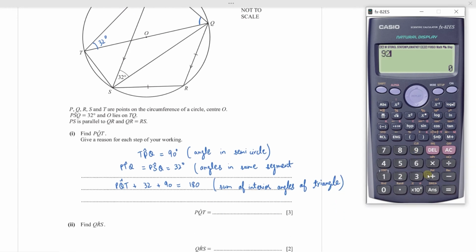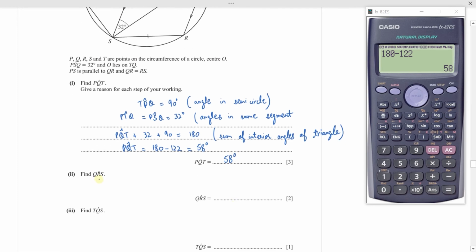So 90 plus 32 is 122. So 180 minus 122 will be 58 degrees. So angle PQT is 58 degrees.